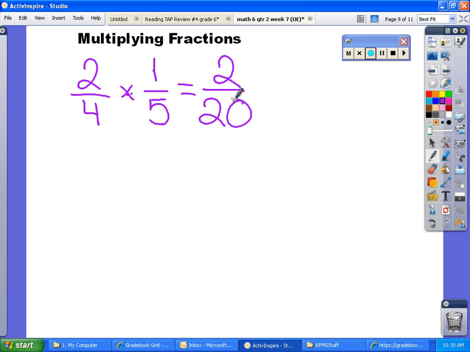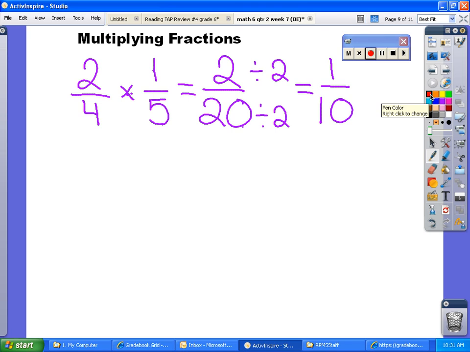See if they have a common factor. Well, between 2 and 20, the common factor would be 2. So I'm going to divide both the top and bottom number by 2, and my answer is going to be 1/10. Now there is another way to do this.